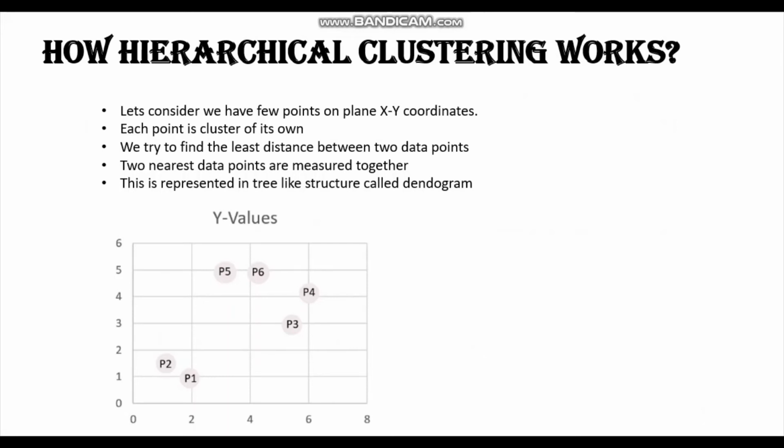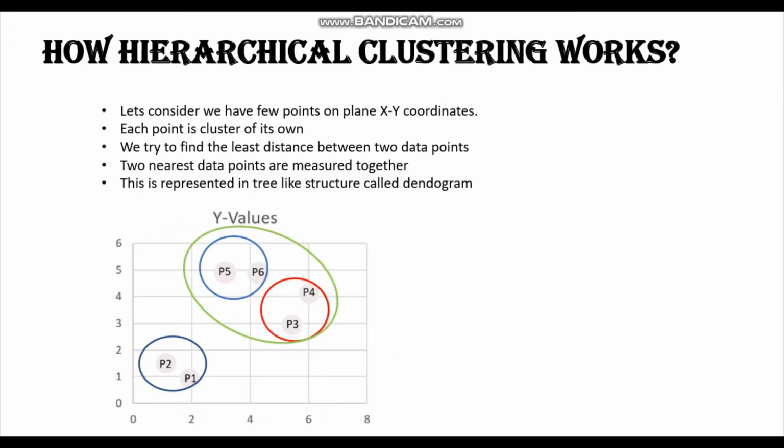Then p1 and p2 are nearby, so they form one cluster. p3 and p4 are nearby, they form one cluster. And p5 and p6 are nearby, so they form one cluster. Finally, p5, p6 and p3, p4, the red and blue ones, are closer, so that will be one cluster. And then finally all together come under one single cluster. So this process is called agglomerative clustering.